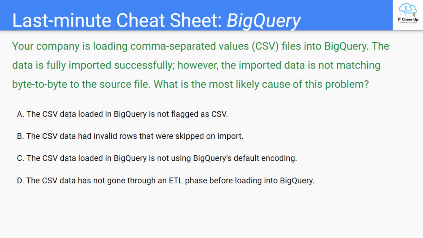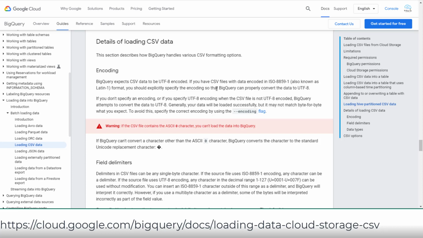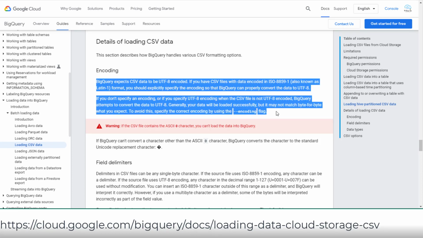How about this one? Pause the video and try to answer it yourself. Ready? I highlighted the keywords of this question. CSV file, fully imported successfully, not matching byte to byte to the source file. BigQuery expects CSV data to be UTF-8 encoded.